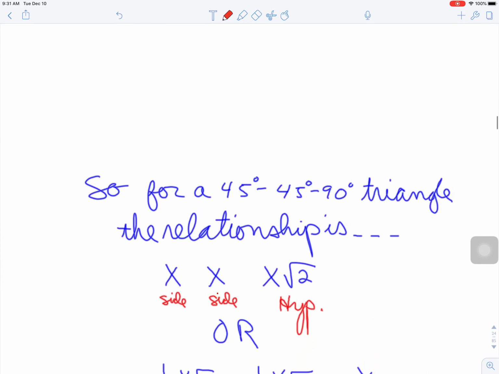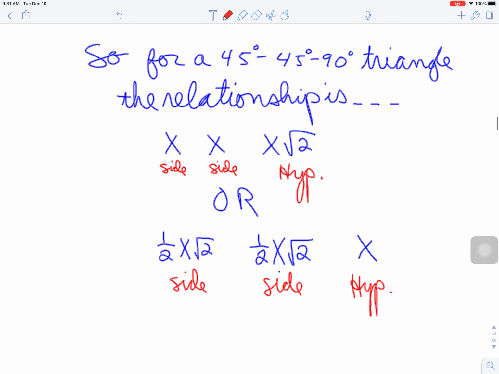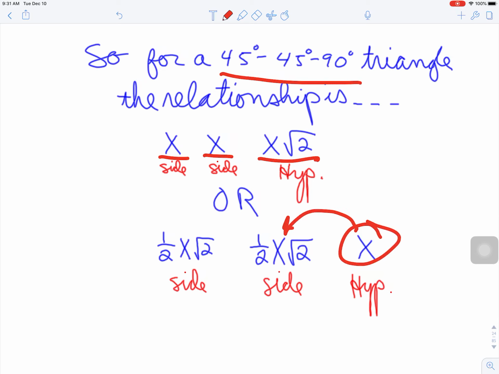So if you know one of the sides, you know the hypotenuse is that number times the square root of 2. Now, as it turns out, and I didn't spend time showing you how this happens, if you happen to know the hypotenuse, then the legs are half of that length times the square root of 2.